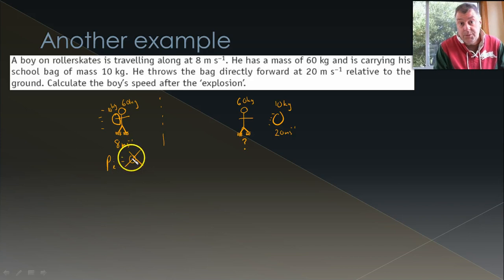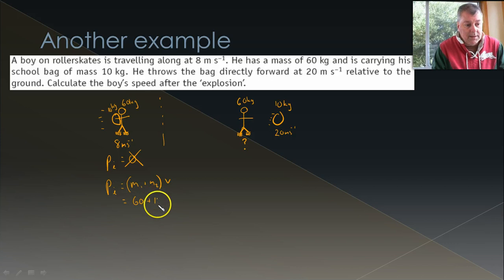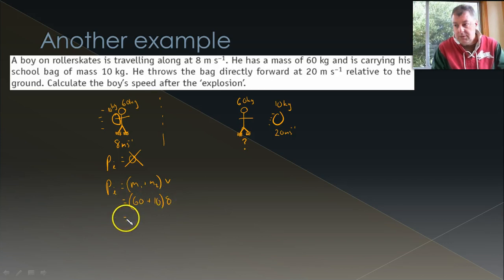We do have an initial momentum, and we can work that out fairly easily, because P initial equals mass 1 plus mass 2, because we've got two masses, we're going to add them together, times by V, and in this case it's going to be 60 plus 10 times by 8, and that's going to give us 560 kilograms meters per second to the -1, and that's going to be in which direction?